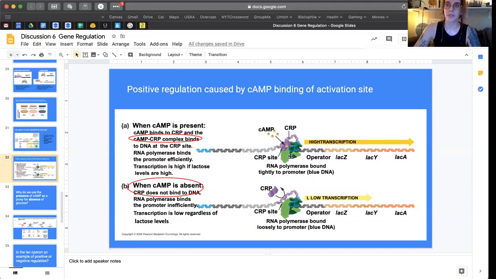And since it's bound, it's really happy and will upregulate this transcription a lot. However, when CAMP is absent, even if CRP is still here, it's not going to be in that favorable shape that will allow that binding. So the absence of CAMP is going to prevent this activation site from being bound, which means that the transcription level is going to be relatively low.